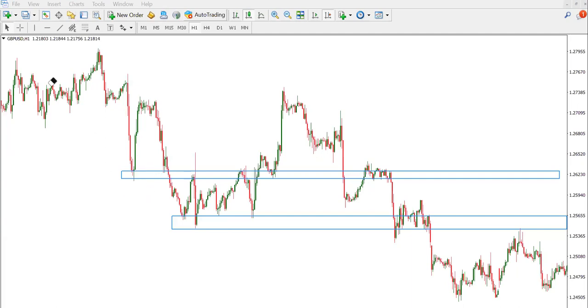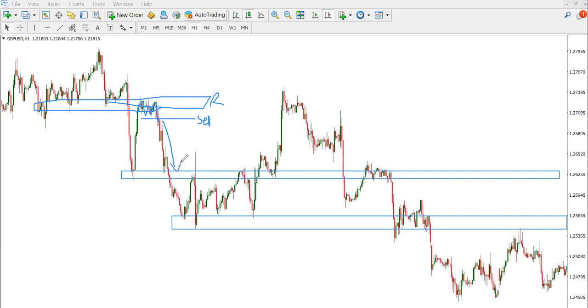Using the same level, this is a resistance area. We would wait for price to reach resistance. Once it approaches resistance and it reacts, and it starts going lower, we would then put in our sell order there.